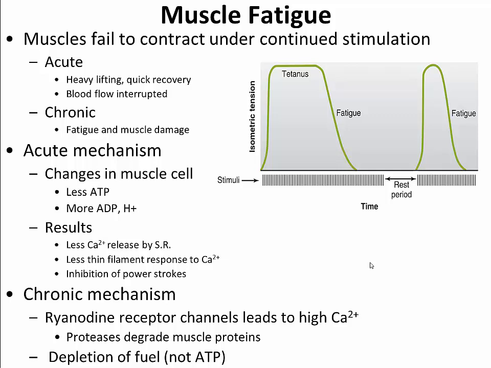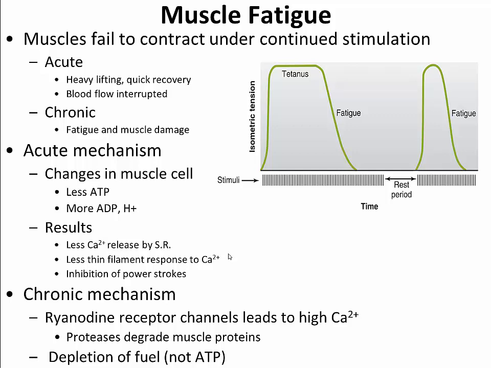So in acute fatigue, there are a couple of different mechanisms that cause fatigue, and the fatigue is different than the fatigue that we observe in chronic muscle fatigue. In acute fatigue, we see, for instance, a muscle that gets tired after perhaps a weightlifter picks up a huge weight, holds it above his or her head for as long as they can, and then drops it to the floor.